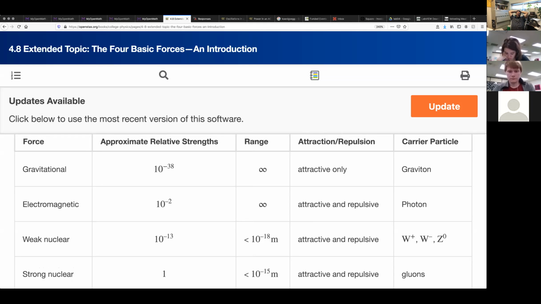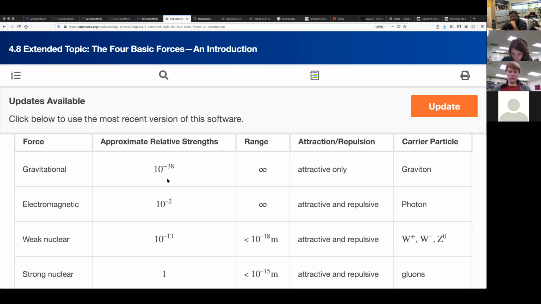So gravity happens to be the weakest of all of these forces by far. If the strong nuclear force has a strength of 1, right here, the gravitational force has a strength of 10 to the minus 38. So gravity is an extremely weak force.